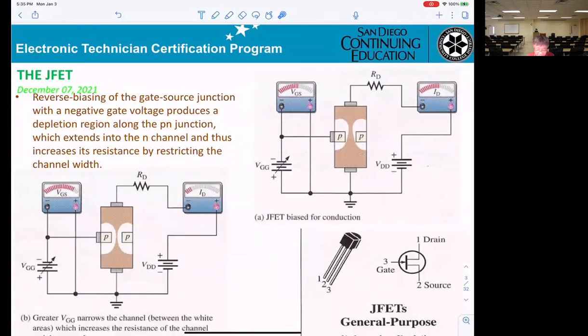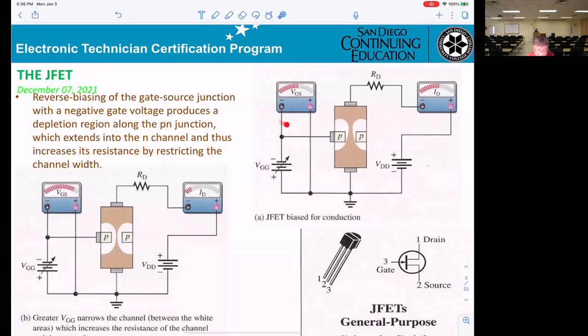On this thing here, this is the channel. We're talking about the N channel. Electrons will be moving in the channel here. That means the current flowing depends on how many electrons are moving.